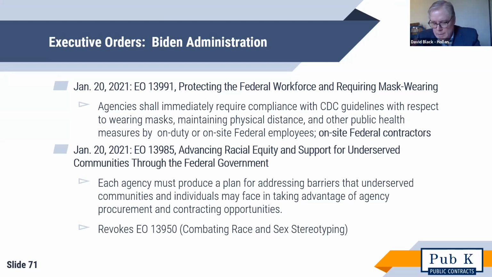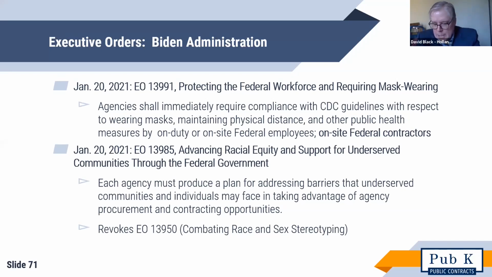Also on January 20th, there's an executive order on advancing racial equity and support for underserved communities through the federal government. This is an interesting one, given there are already a lot of federal contracting programs managed by SBA, the 8(a) program and HUBZone, that share some of these purposes.